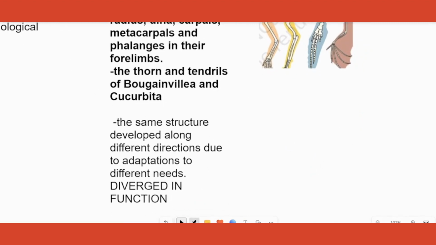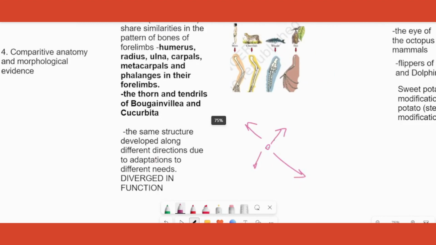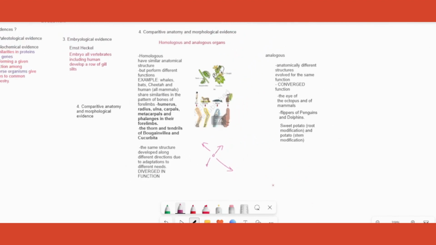It shows that from one particular point, the function diverged, right? From this point where everything remained the same, from there, the functions are diverse now. Different types of functions are seen. So, this kind of evolution is called divergent evolution, or this is an example of divergent evolution.